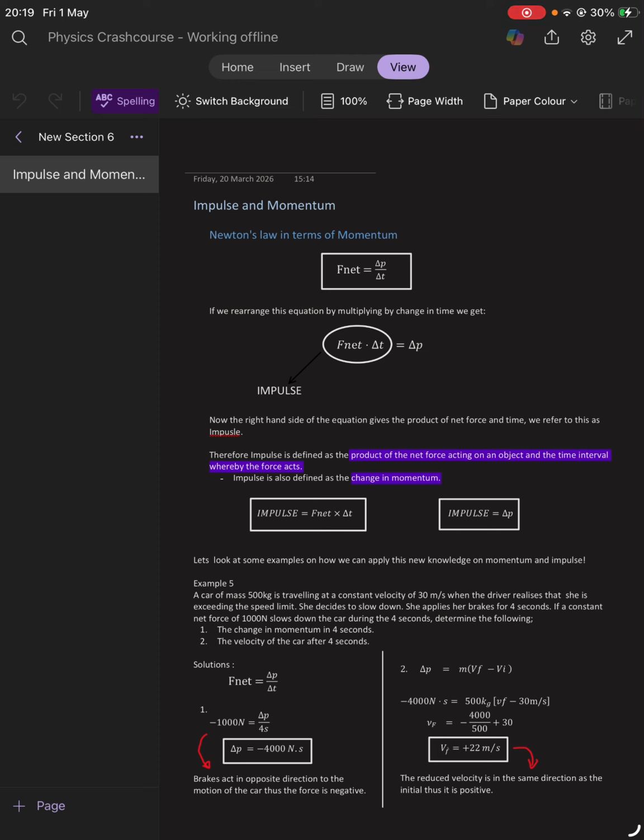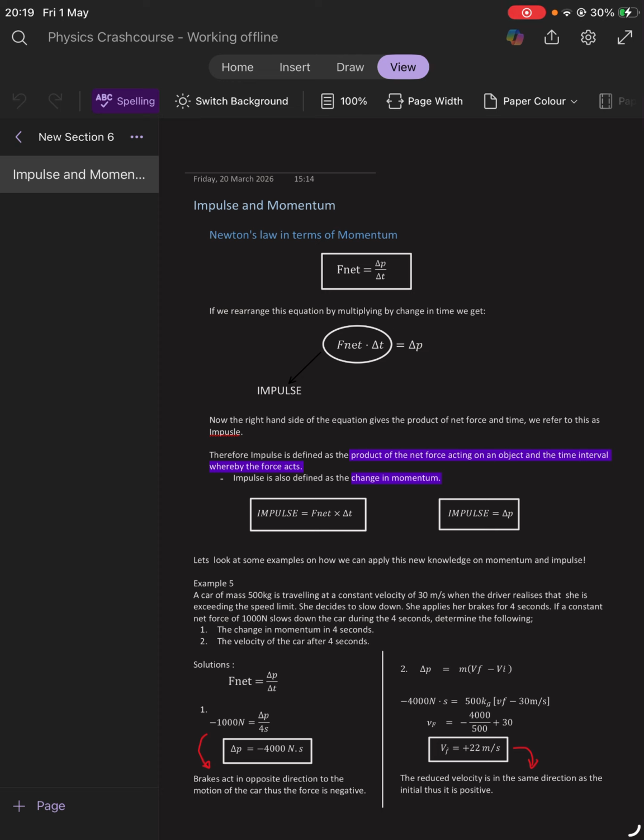Now let's look at an example where we can apply this knowledge of force as the rate of change of momentum, as well as impulse as the change in momentum. So in example 5 below, we are asked to solve the question where a car of mass 500 kilograms is traveling with a constant velocity.